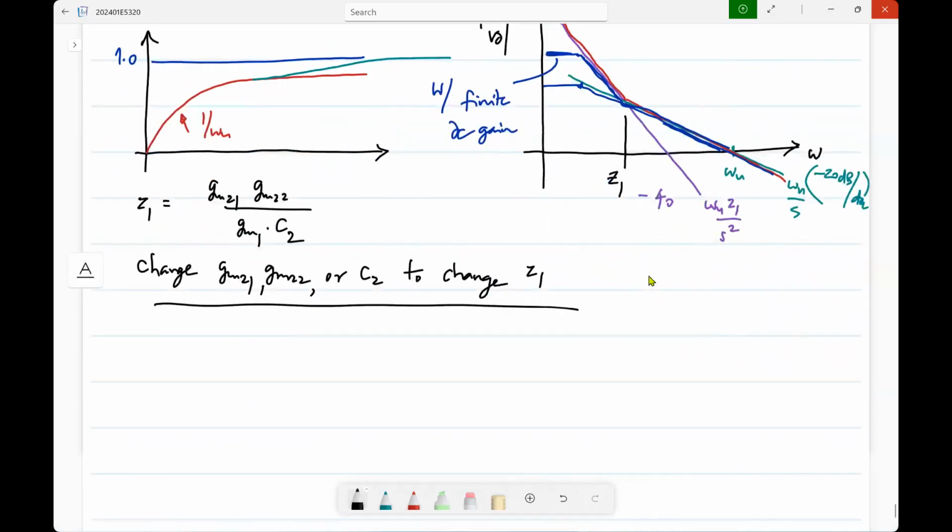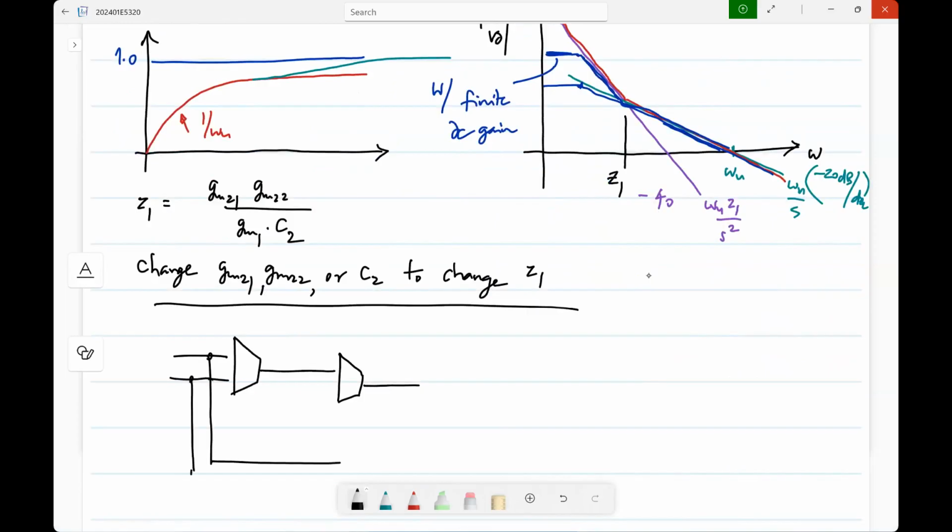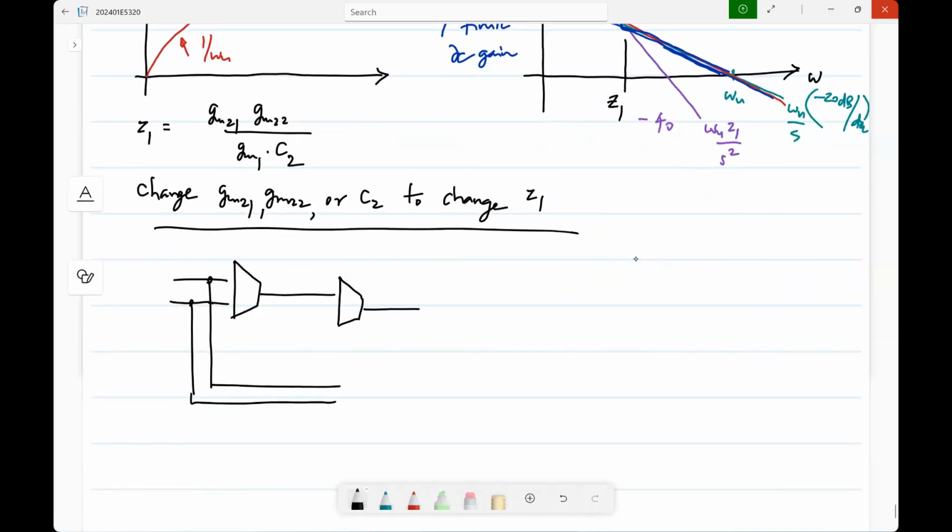So, I will skip drawing the capacitor, or maybe I will draw the capacitor. Let me do that. Say C2.